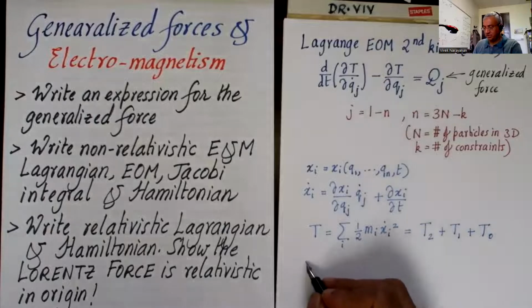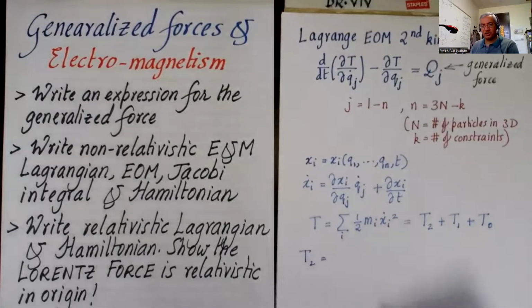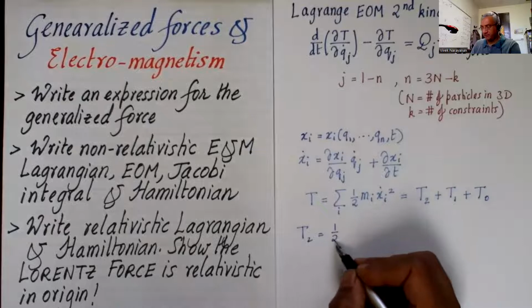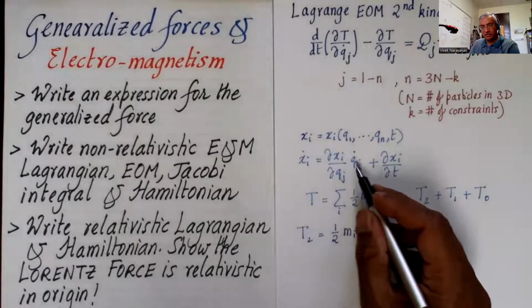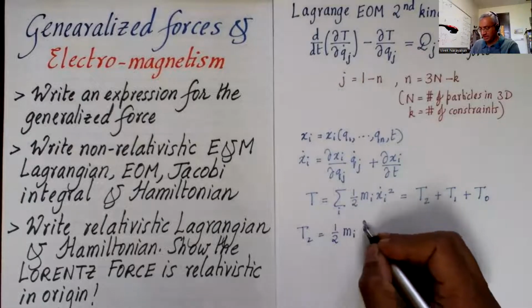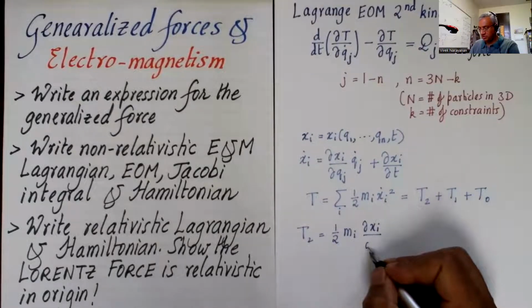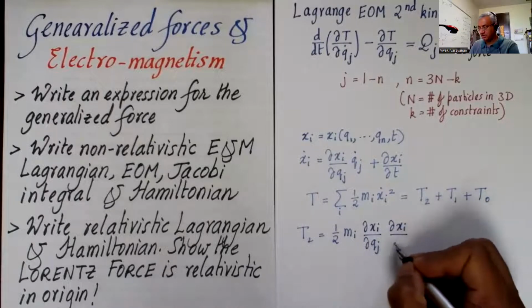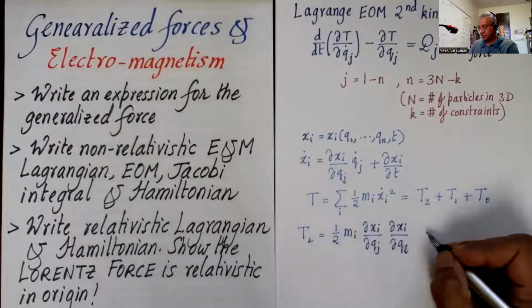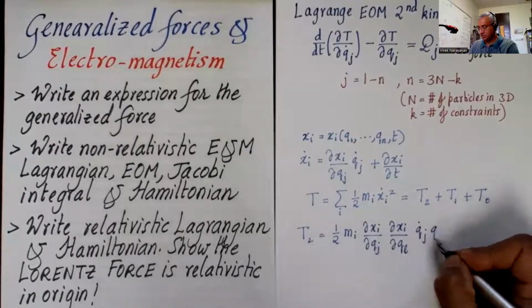So T2 will have these terms quadratic: 1/2 mi del xi by del qj times del xi by del ql, qj dot, ql dot.